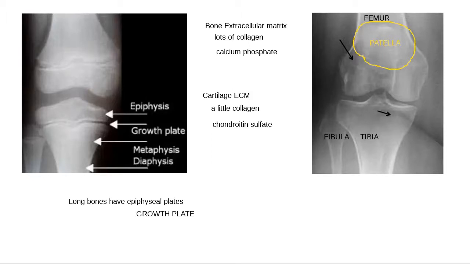Yeah, the epiphyseal plate turns into the epiphyseal line. I'm going to delete my patella here. The epiphyseal line is what we can see right here. It's what happens when I turn all of that cartilage in my growth plate into bone tissue. Then what I would call it is the epiphyseal line.